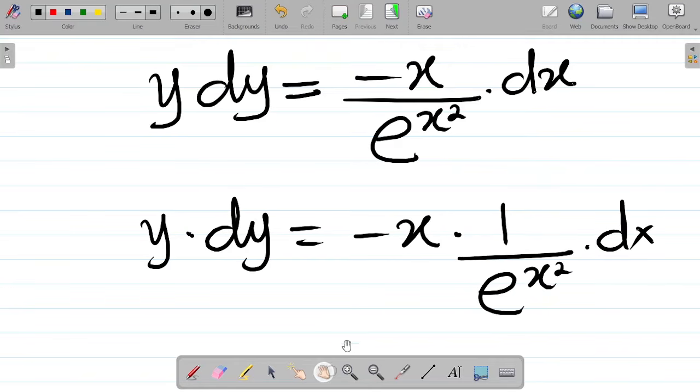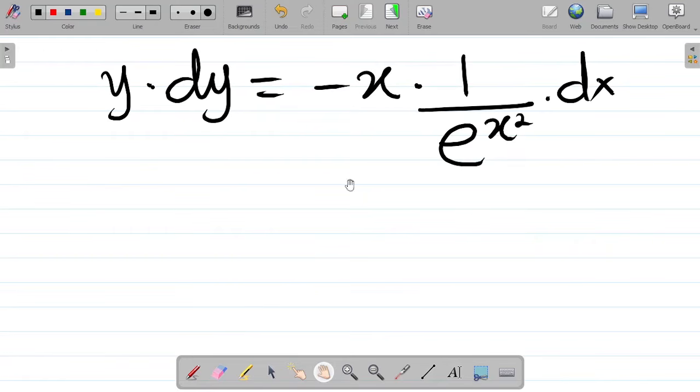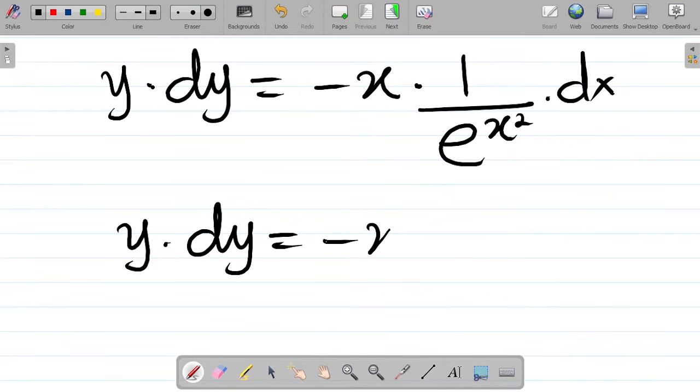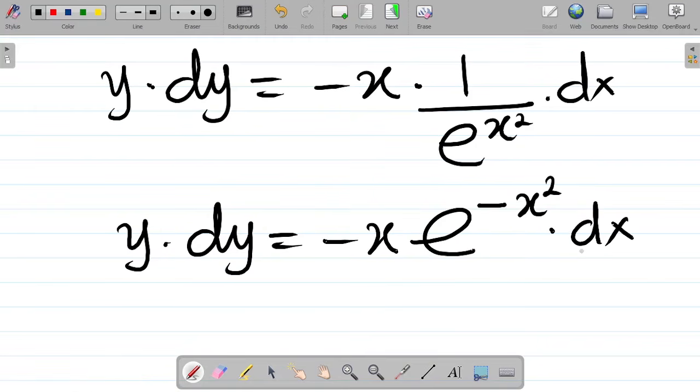This is still correct. And in index form, this would be y dy equal to minus x exponential negative x squared dx. Of course, this is correct, since 1 all over gives you negative x squared.